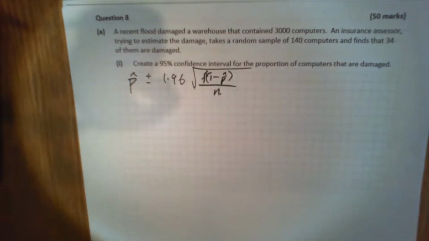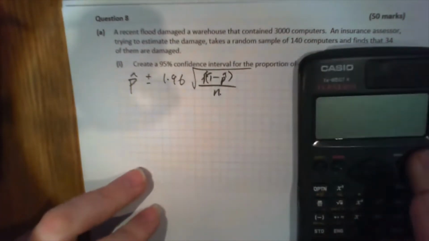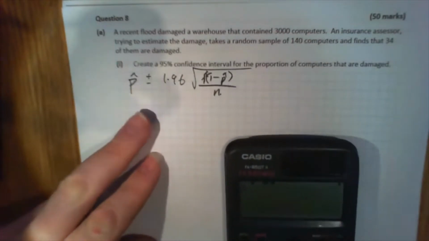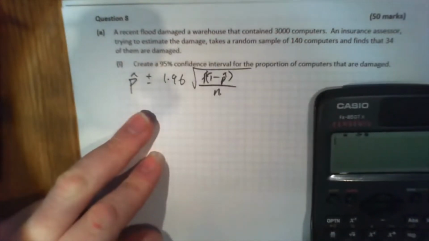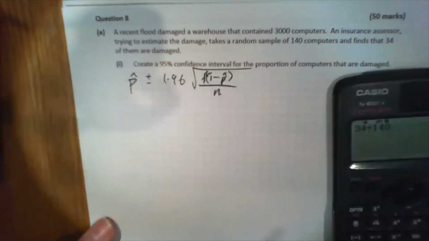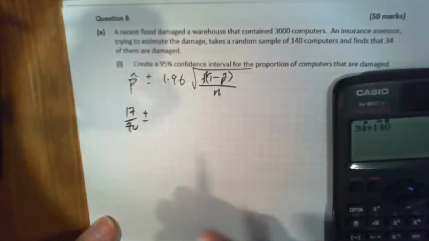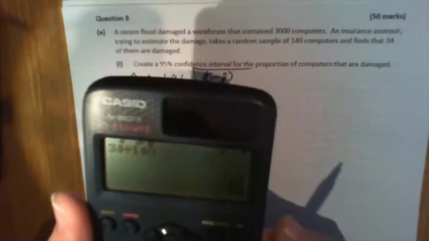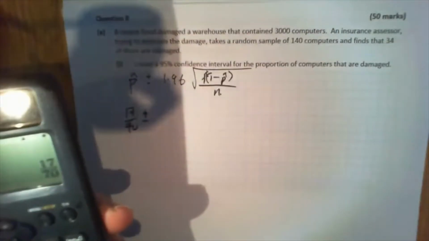So proportion wise, let's get out our friend Mr. Calculator, because he's going to do a lot of the hard lifting for me on this one. Mode 1. We have 34 over 140, that's 17 over 70. I'm going to keep that in the memory because it's going to be handy.